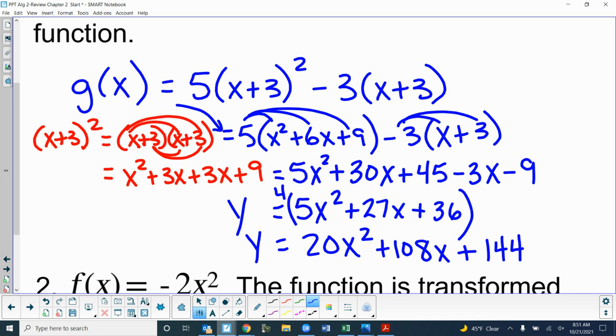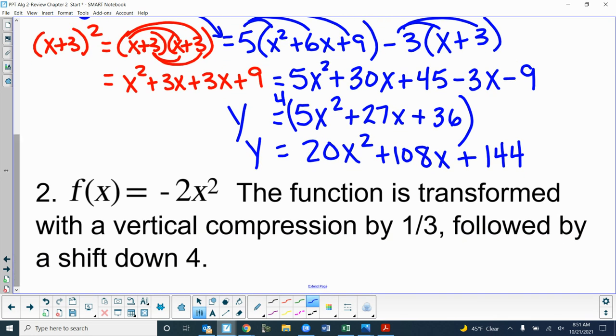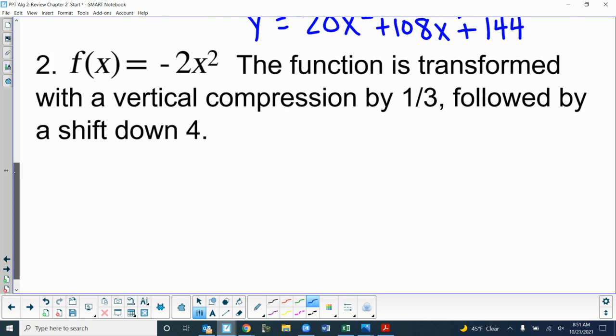Okay. The other one. The first step is a vertical compression by a third. So all I do with the 1/3 is what? Yeah, multiply. Just like we did with the 4, right? When it's vertical, we just multiply the whole thing.